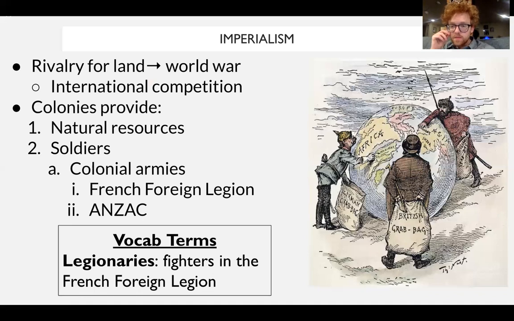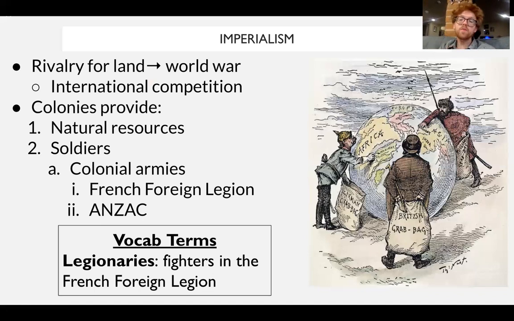And yet, at the same time, how does Europe get these colonies to actually get on board with all of this drafting of soldiers? Well, Europe is going to promise its colonies independence. And that is something that won't be realized until the Second World War. So we got the French Foreign Legion.